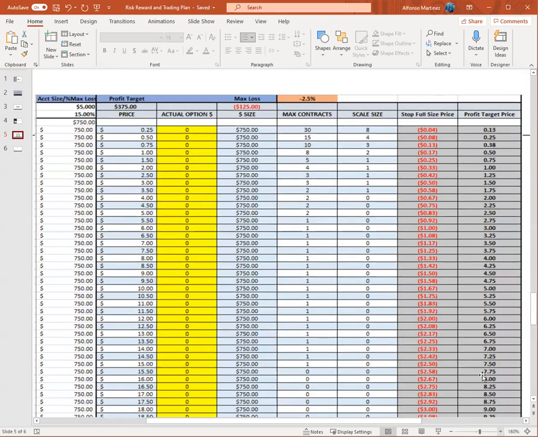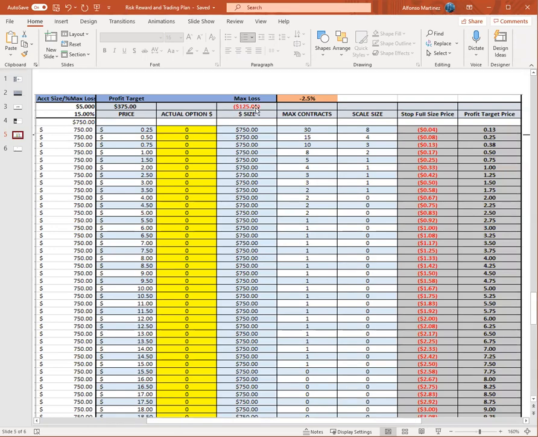a table that I have here, and I did the sample with, I mean, I did 5,000 here. That doesn't matter, but the idea is, yes, a $5,000 account. So maximum play $750 per play or per position.